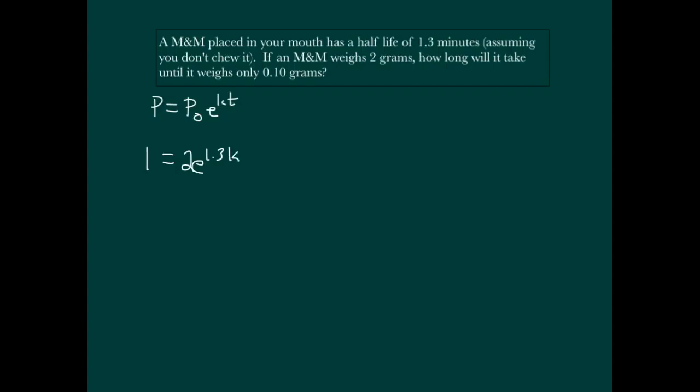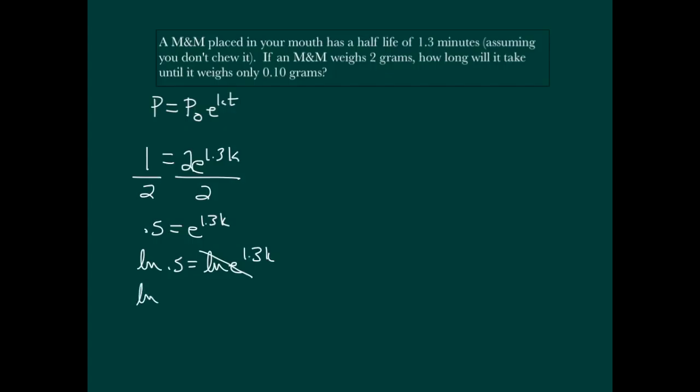All right, so now let's just do the solving. First step, divide by 2. So now I've got 0.5 equals e to the 1.3k. And now I need to take the natural log of both sides. The reason I do that is because then the natural log and the e cancel away and just leave the exponent.